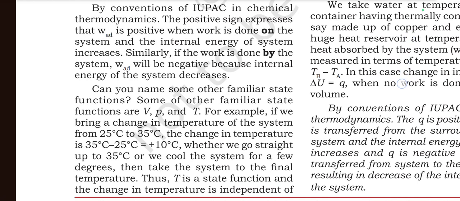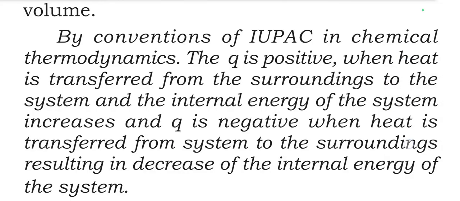Similarly, if work is done by the system, W_ad will be negative because the internal energy of the system decreases. By the convention of IUPAC, Q is positive when heat is transferred from the surroundings to the system and the internal energy of the system increases, and Q is negative when heat is transferred from the system to the surroundings, resulting in a decrease of internal energy of the system.